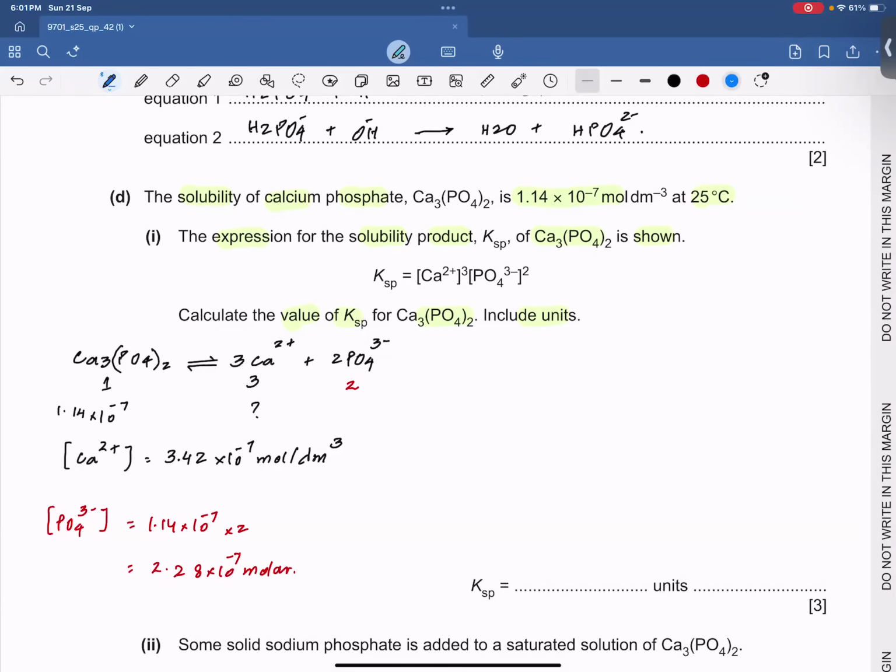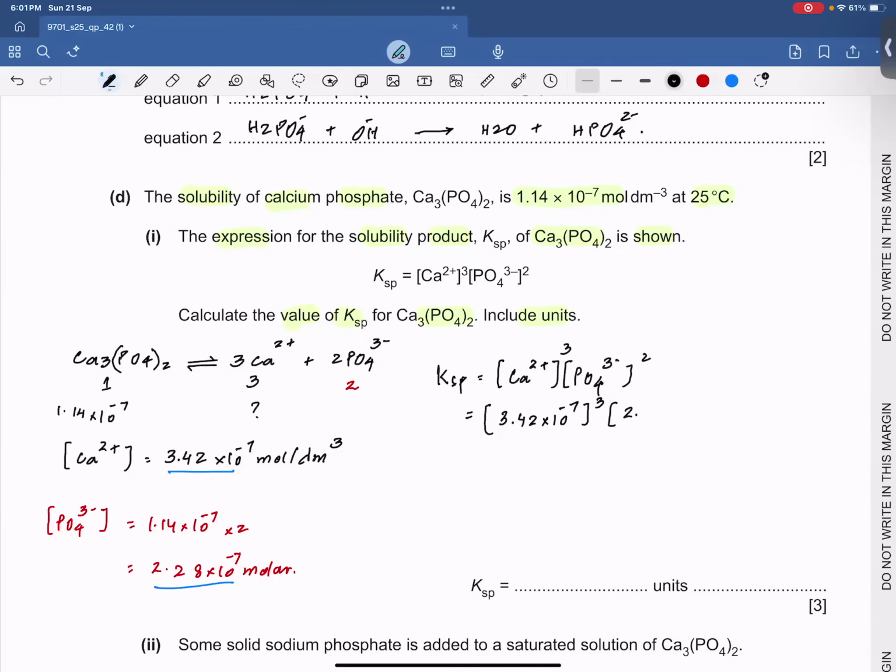Now I'm going to plug in these two values in the expression given in the paper, and I'll get the value of Ksp. So concentration of calcium ion and concentration of phosphate ion. Concentration of calcium ion has a power of cube because we have 3 moles in the formula. So calcium ion is 3.42 into 10 to the power minus 7, cubed.